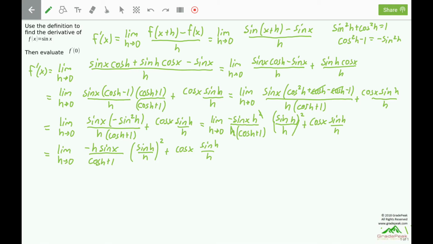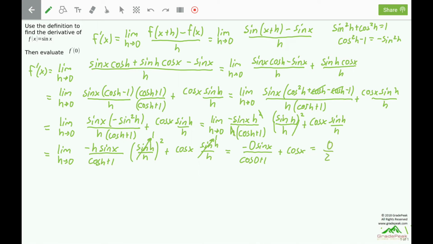Now as h goes to 0, the sine of h over h, those become a 1. So we have a 1 here, and we have a 1 here. And now we can plug a 0 into the remaining h's. So we'll have negative 0 sine of x over cosine of 0 plus 1, and then plus cosine of x. That first fraction, negative 0 times sine of x, all of that's just a 0.